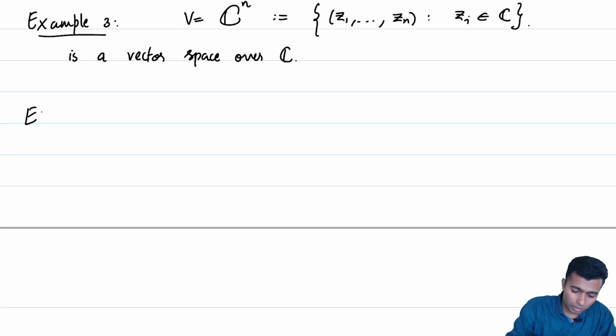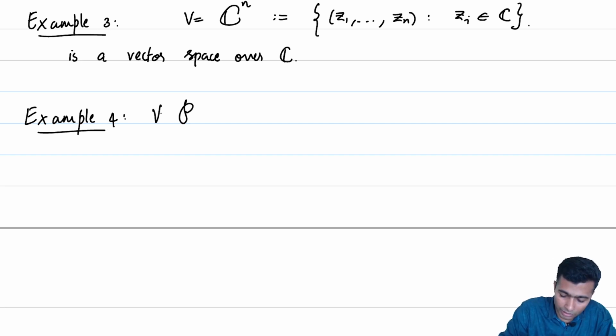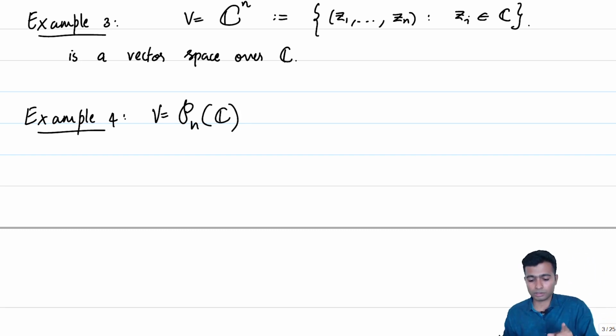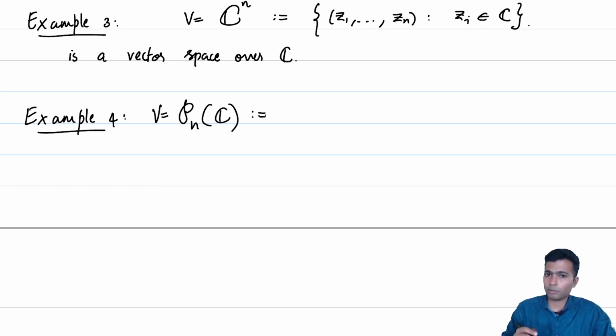How about polynomials? That is the next example. Let me write P_n(C). So V is P_n(C) in this case. Notice over there it was P_n(R). What would be your guess on the definition of P_n(C)? This is going to be all polynomials of degree less than or equal to n.